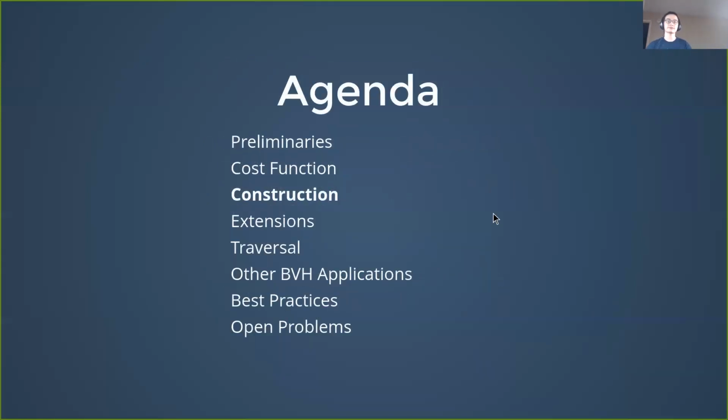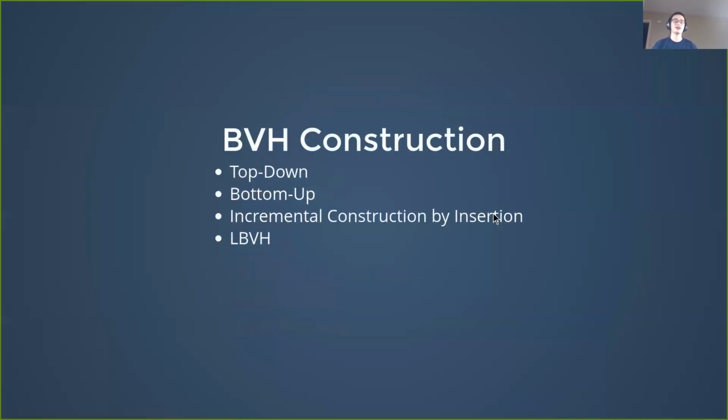Then let's talk about BVH construction. There are a lot of different ways to construct a BVH. They are top-down and bottom-up. If you have read about parsers before, that should sound really familiar, because BVH construction and parsing are similar jobs. They both want to transform a sequence of primitives into a tree structure, so the techniques used are kind of the same.